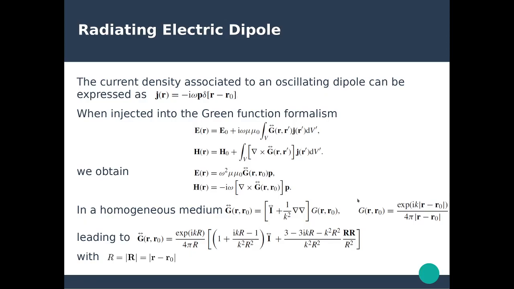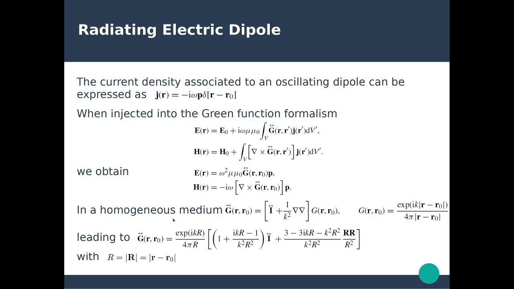You can inject this scalar Green function into this expression and expand all the operators, divergence and so on, onto this function. It can take about a page, so I'm going to upload all the derivation to obtain this result. You don't need to memorize the result.